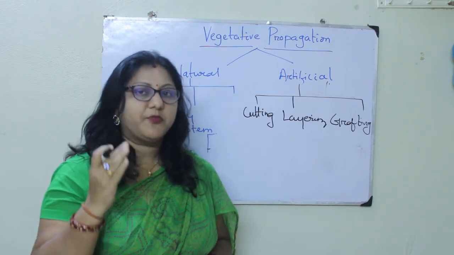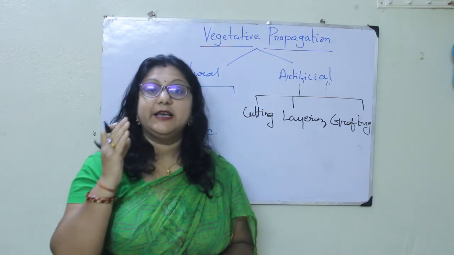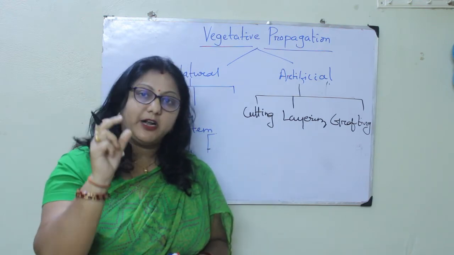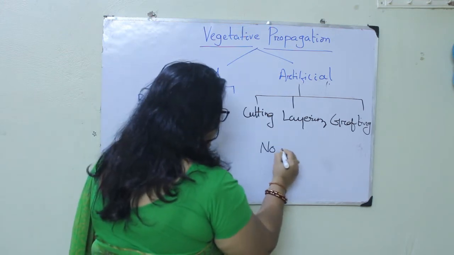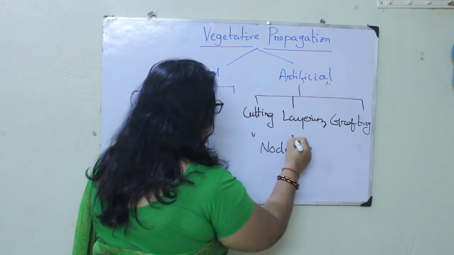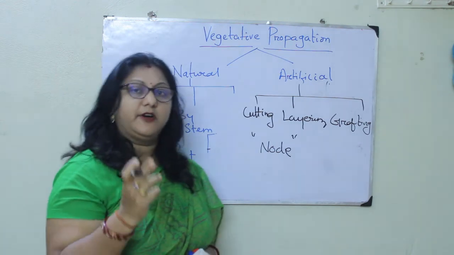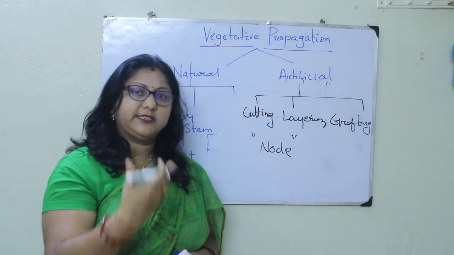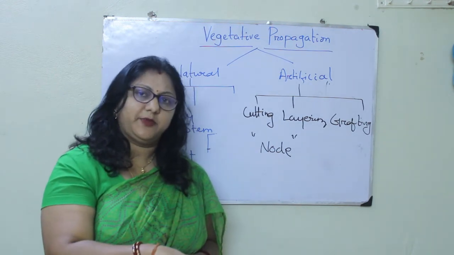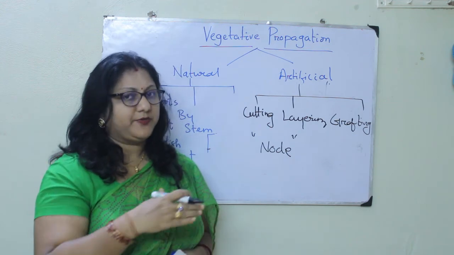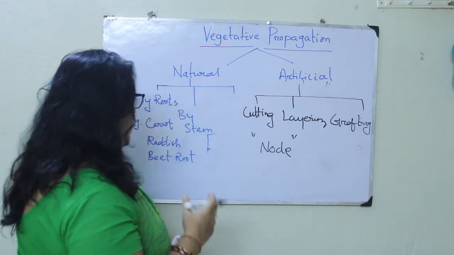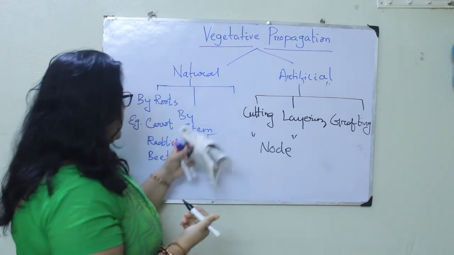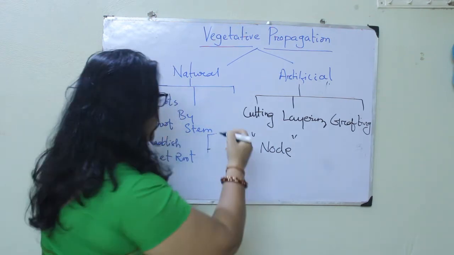The complete process depends on the node, whether it is taking place naturally or artificially. If the node is not there, there cannot be any new plant. Clear?